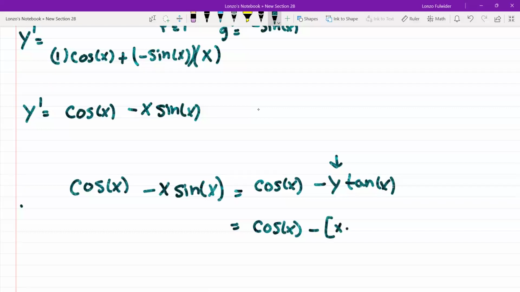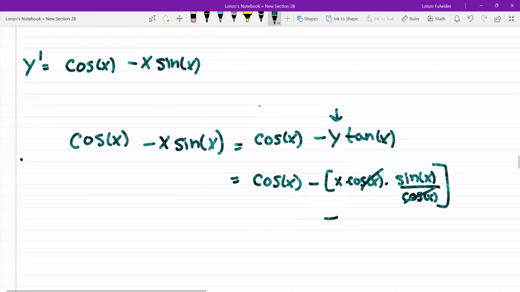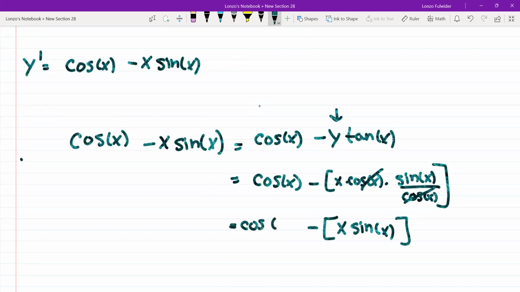So it's x cosine x times tan of x, which is sine of x over cosine of x. Then the cosine x cancels, so you're left with x sine of x. And now it's cosine of x minus x sine of x.